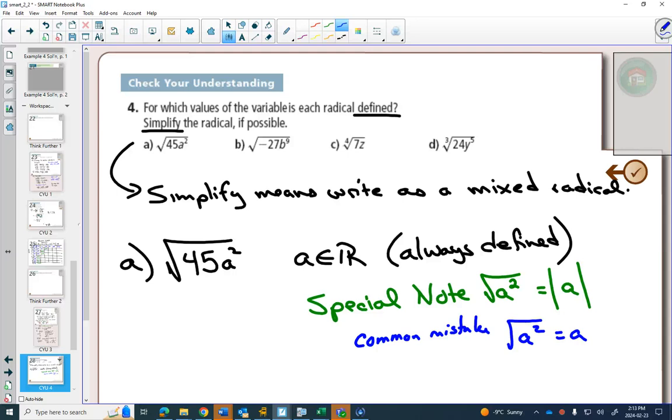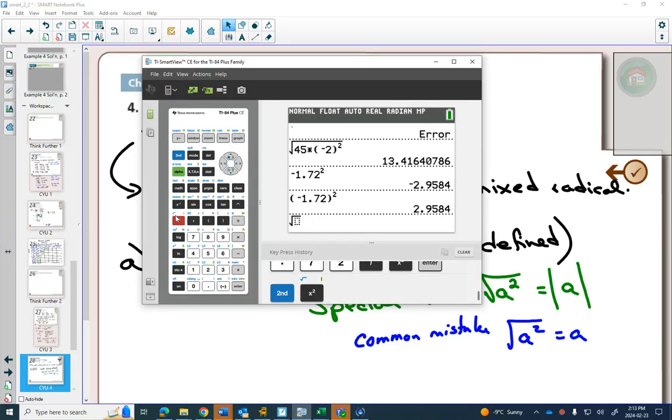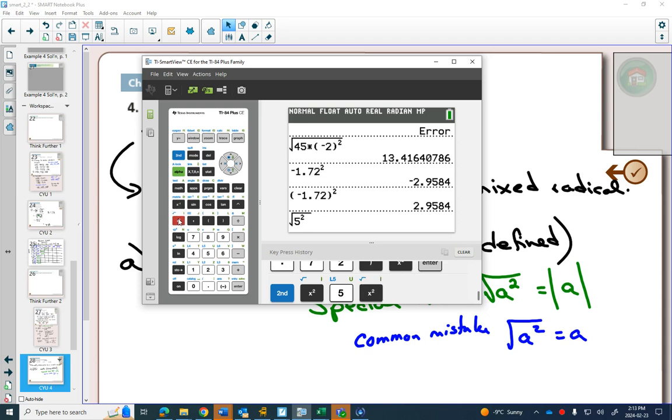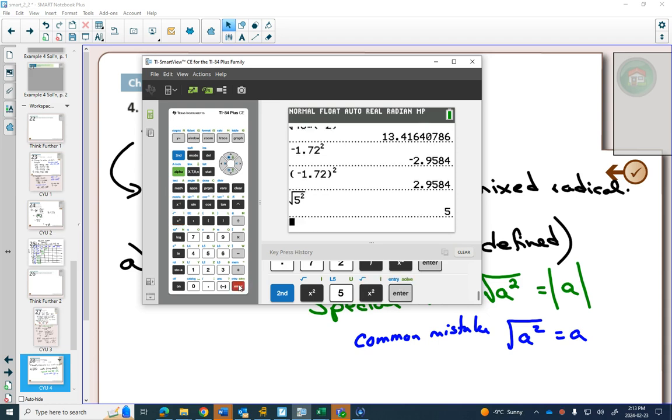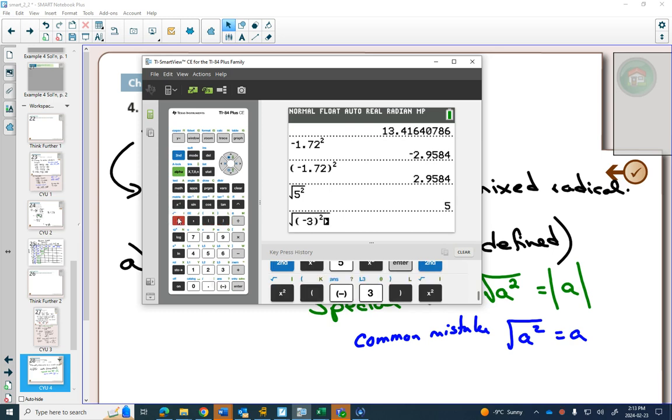Right? I can show you exactly this on your calculator. Some of the time it works. If I go square root of 5 squared, I should just get 5. But if I do the square root of negative 3 squared, I don't get negative 3.